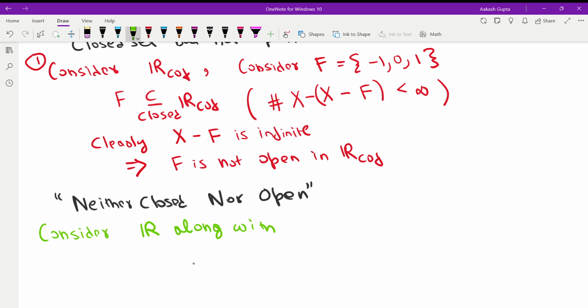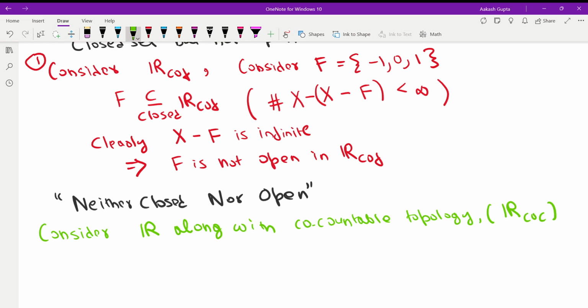What I had asked you to think about with co-countable topology. We will denote it by R_COC or any space with suffix COC. You can use this notation if you want, but you have to specify wherever you are using it, because this is not a very standard notation, right?